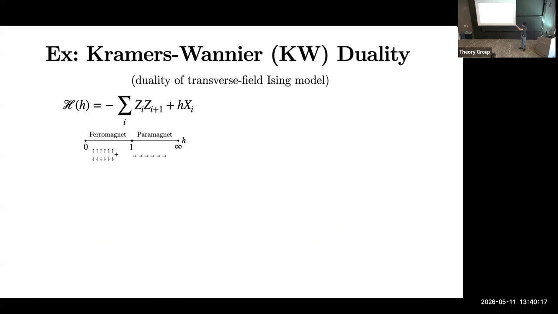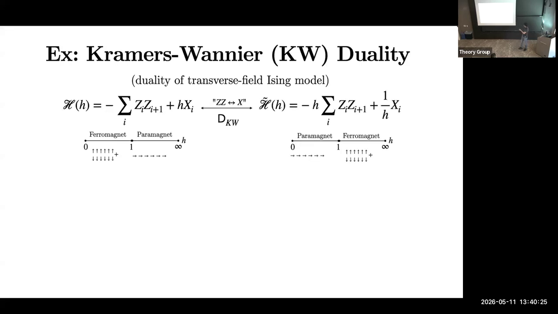The other tries to align them together, so you get a transition between a ferromagnetic phase and a paramagnetic phase. Then there exists a so-called duality, which roughly swaps the roles of z z and x, in which once you swap them and rescale the Hamiltonian by h, what was the ferromagnet became the paramagnet, and what was the paramagnet became the ferromagnet.